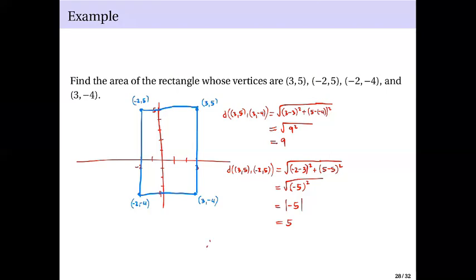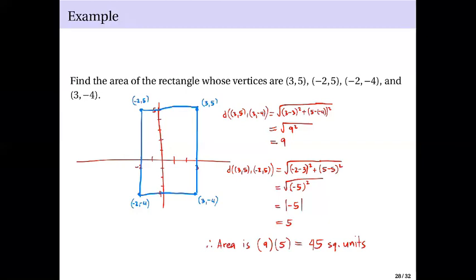Therefore, area is equal to length times width. So 9 times 5, this is equal to 45 square units. Okay? Square units.